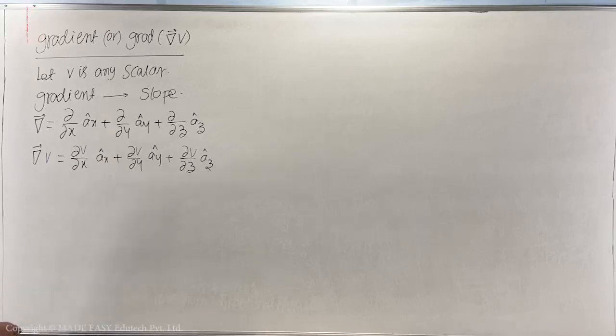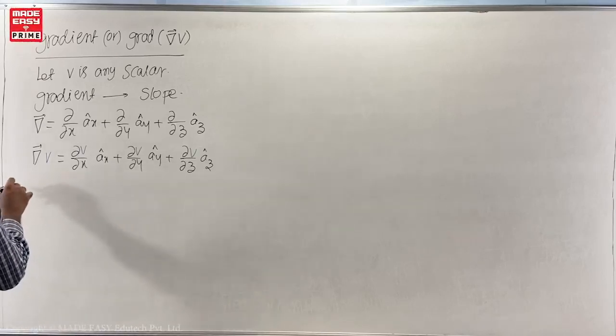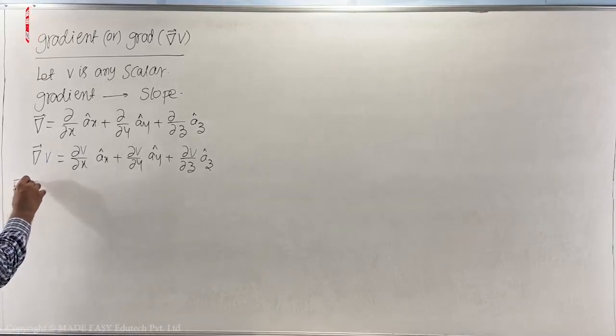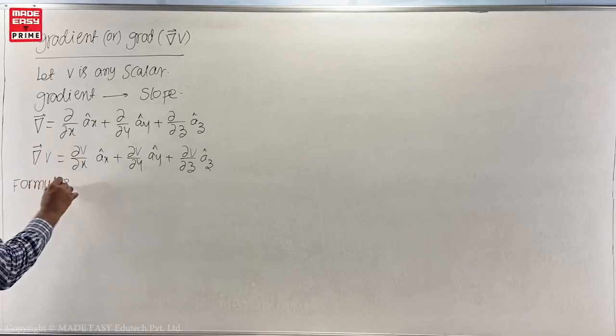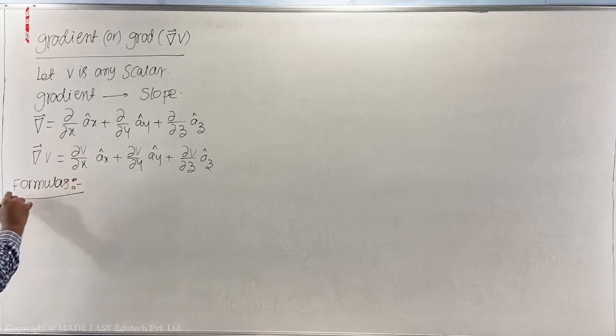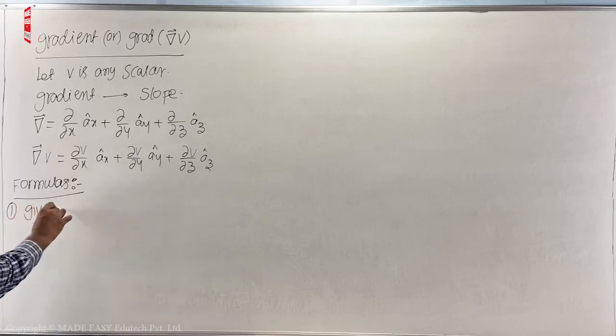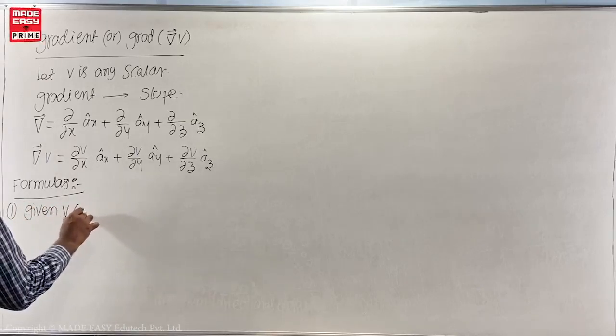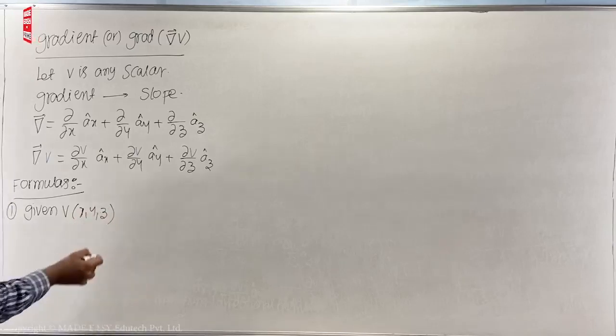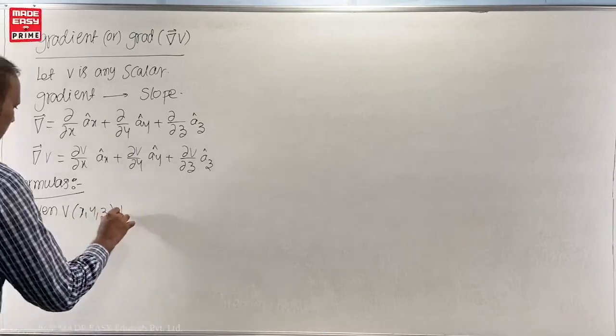Now we have to write the formulas in every coordinate system. So formulas. First one. In the exam question, if scalar v is given as a function of x, y, z, then that is rectangular coordinate system.